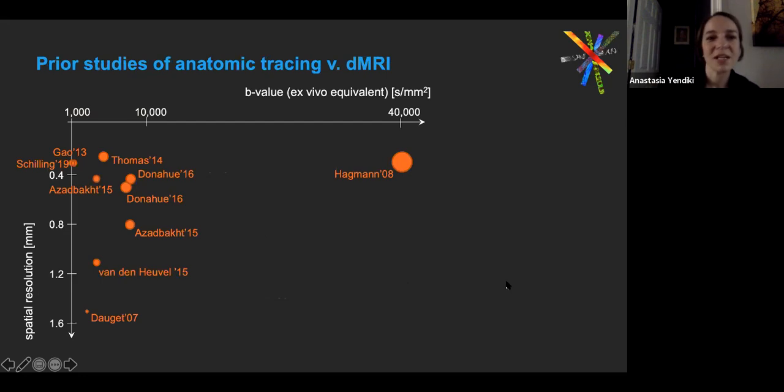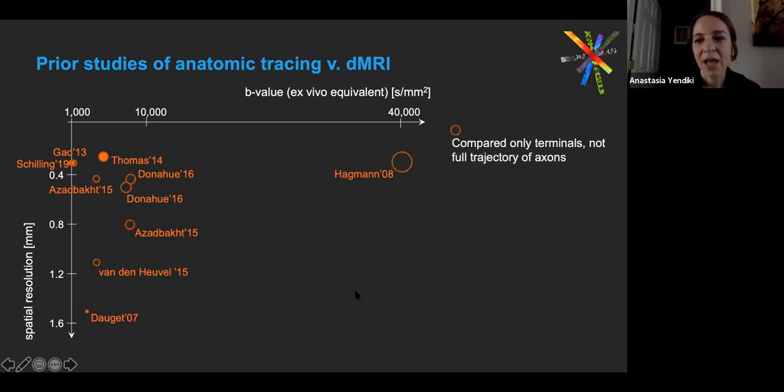So prior studies, there have been a few that used anatomic tracing and compared it to diffusion MRI, and I'm showing them here in terms of the B value and the spatial resolution of the diffusion data that was used. Most of these compared only the terminal, so only the connectivity matrix, is A connected to B, and not the full trajectory of the axons. Are the axons getting there?